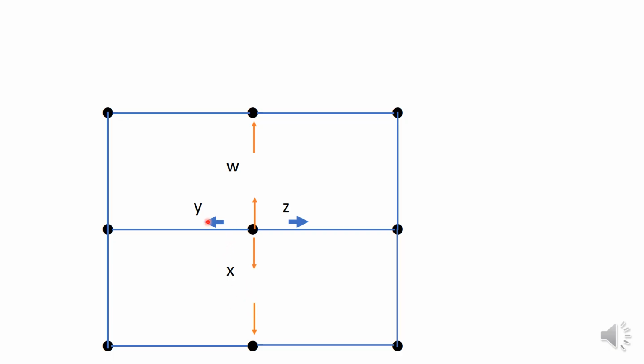And instead of the Y flowing across here, we replace that by a Y leaving here and a flow of Y entering here. And instead of the Z, a flow of Z out here and then the Z in.